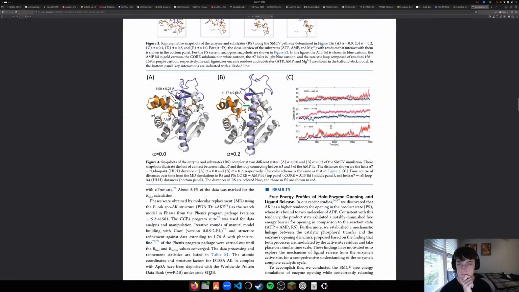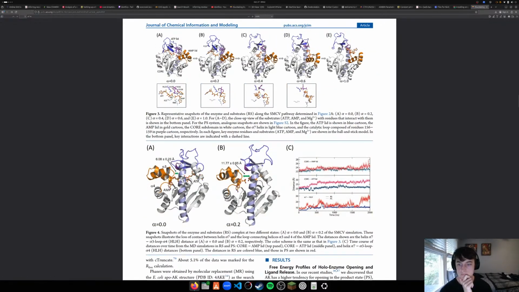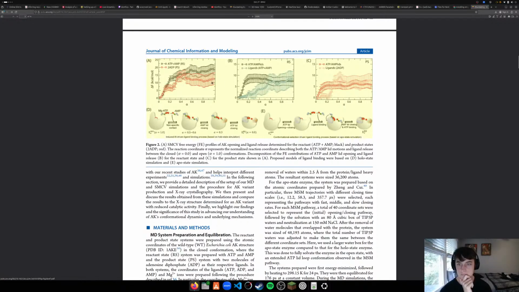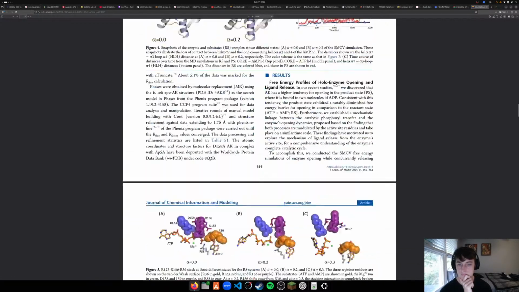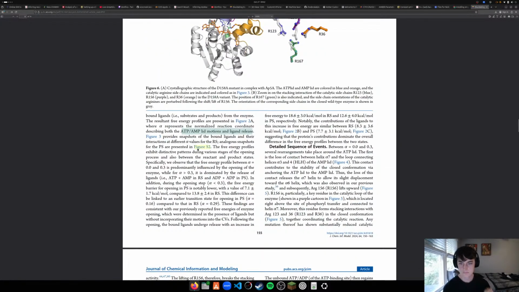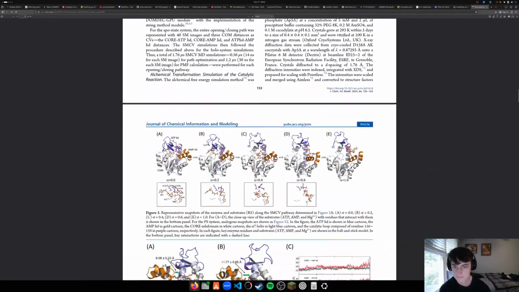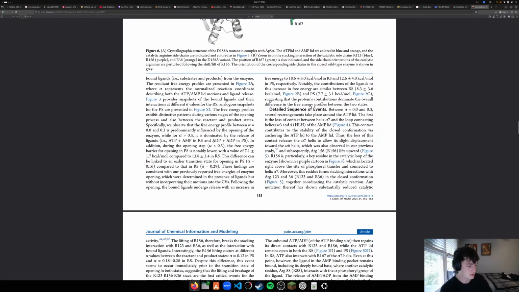Figure 2a. Figure 3 provides snapshots of the bound ligands and their interactions at different alphas for the reactant state. Analogous snapshots for the product state are presented in Figure S2. So alpha represents the normalized reaction coordinate, which I don't really know how they computed.